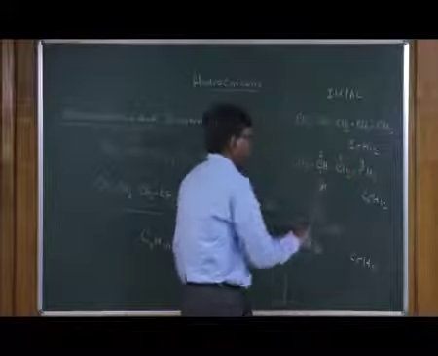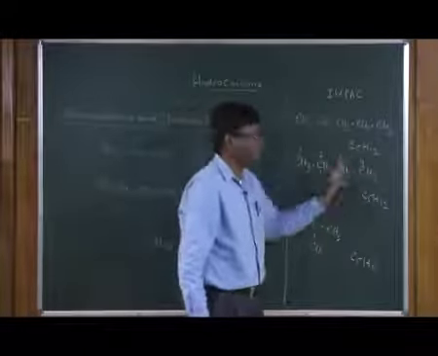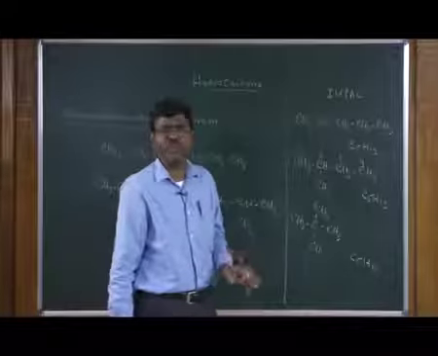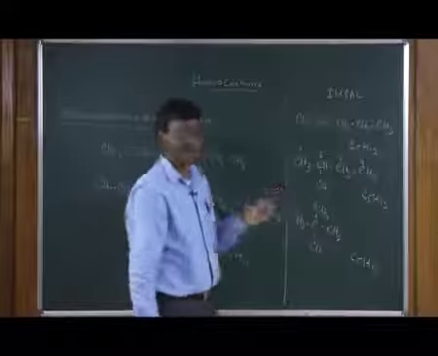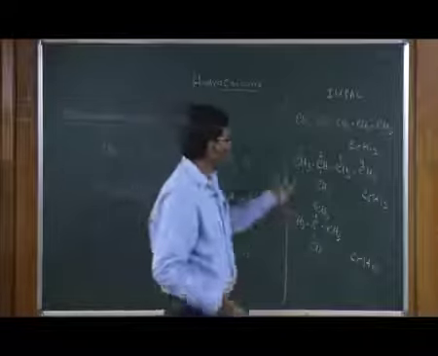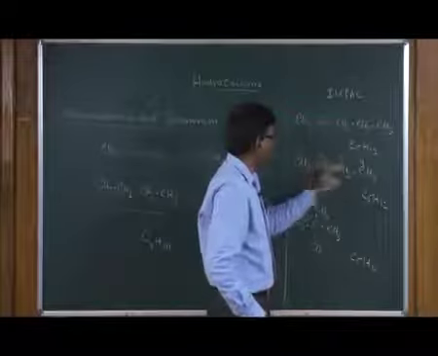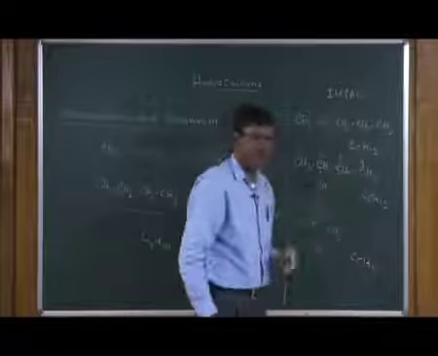If you name it like this, it comes to 4 carbon atoms. So, you have to find the longest chain in the molecule. In this molecule, this is the longest chain, not this one, which has only 3 carbon atoms. If you go in this way, you have 4 carbon atoms.